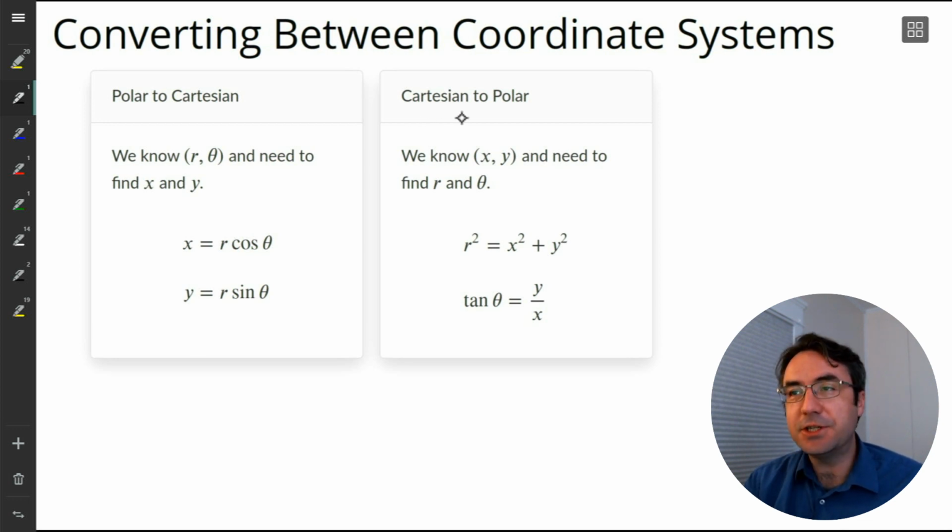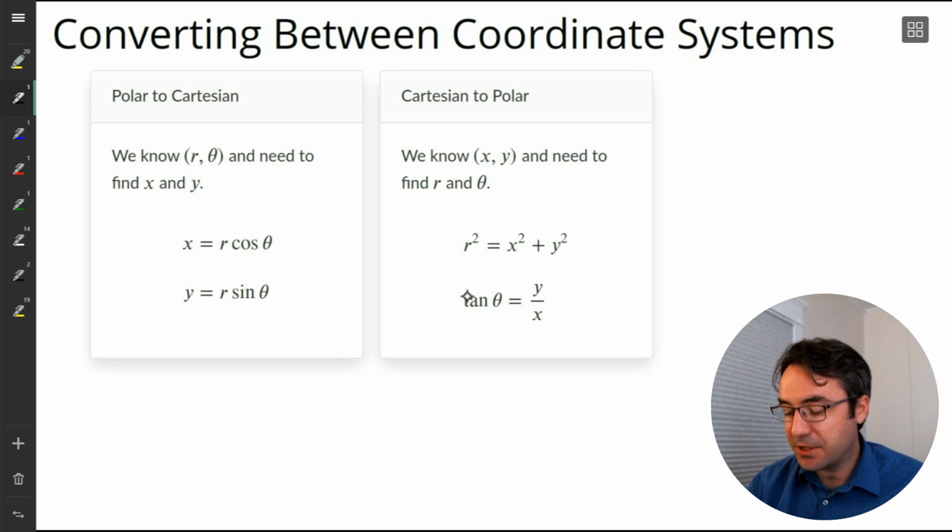Going from Cartesian to polar coordinates sometimes takes a little bit more work. So in this case, we know x and y, and we need to find r and theta. And so the equations that we use in this case a lot of the time are, well, r squared is equal to x squared plus y squared, and tangent theta is equal to y over x.